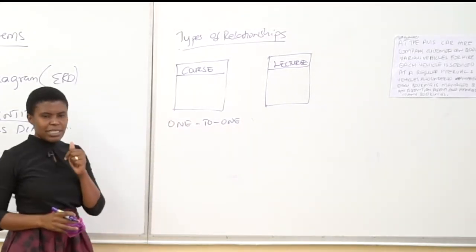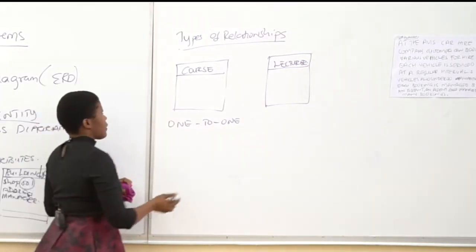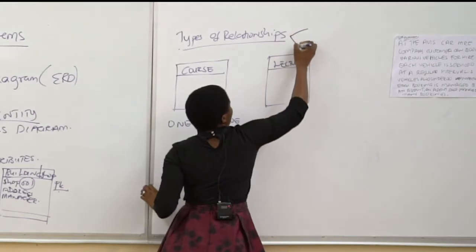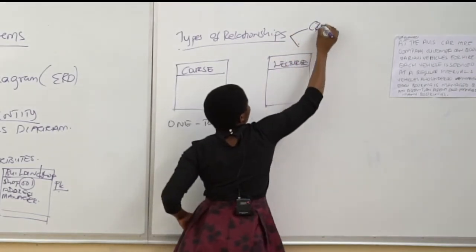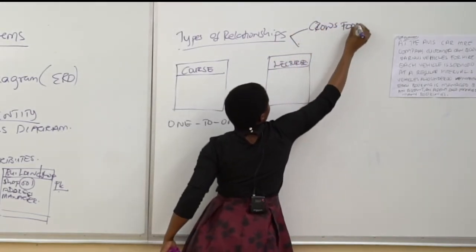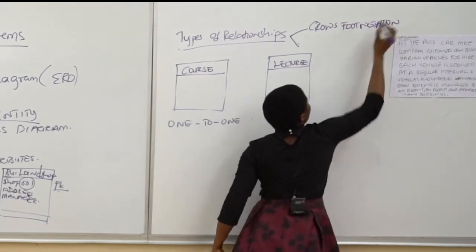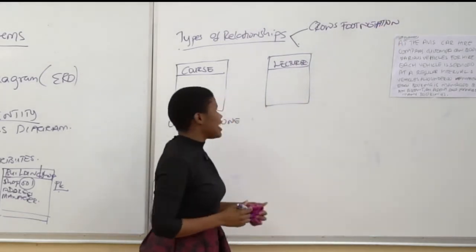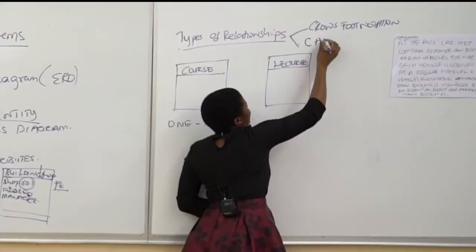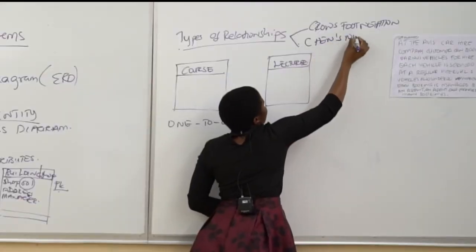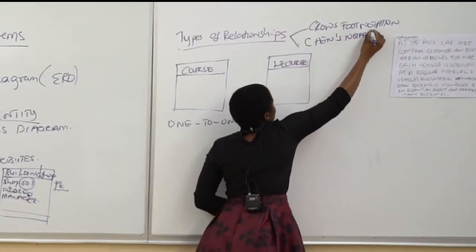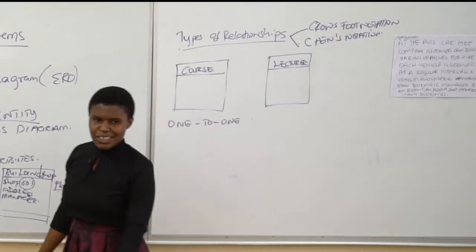So we are going to represent it in two ways. We have what we call the crow's foot notation, and of course the Chen notation. The reason they say it's a Chen notation is because it was discovered by a Chinese man.